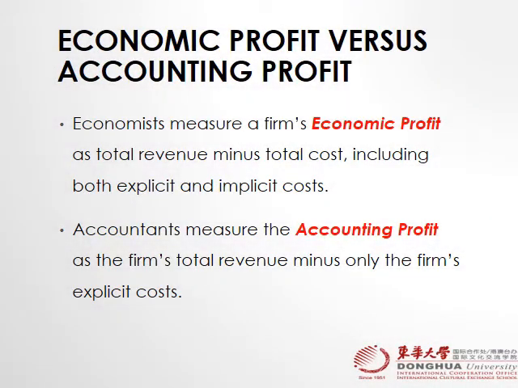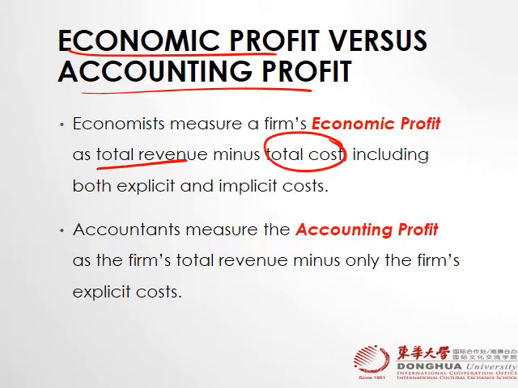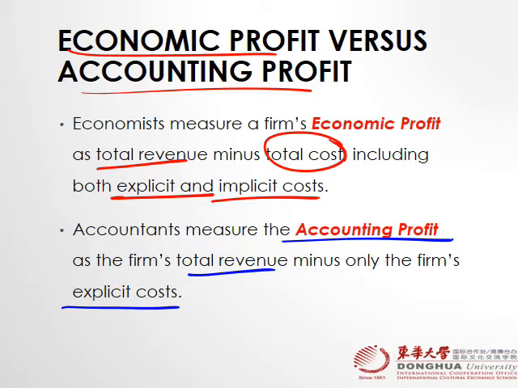And now the difference between economic profit and accounting profit. So economists measure a firm's economic profit as total revenue minus total cost, right? And total cost includes both explicit and implicit cost. While the accounting profit only records total revenue minus the firm's explicit cost, right?